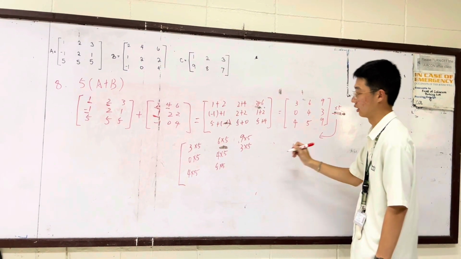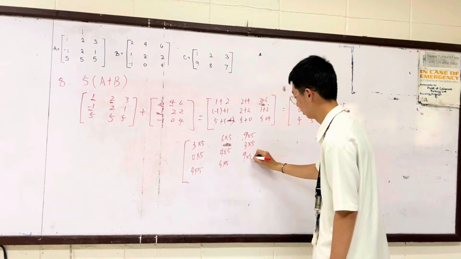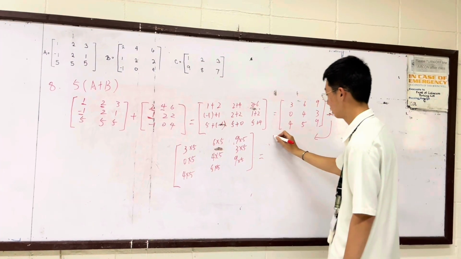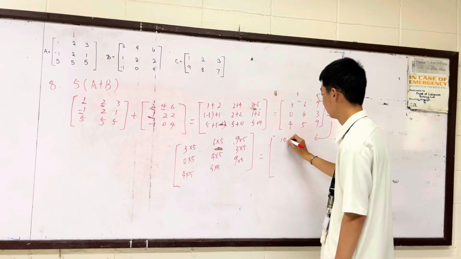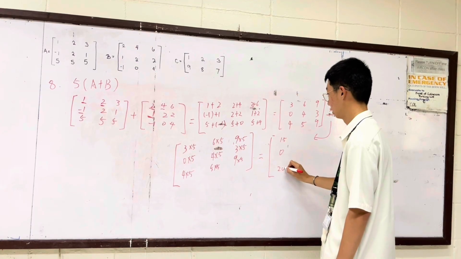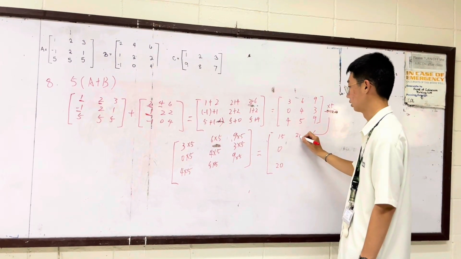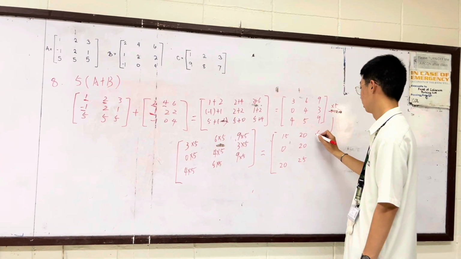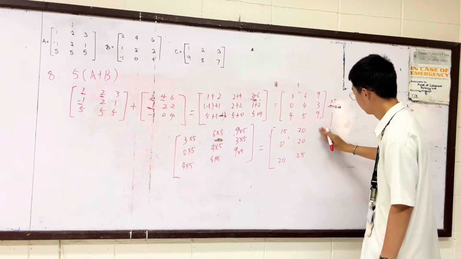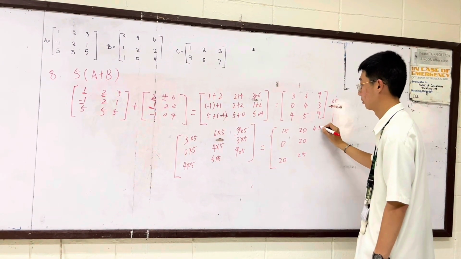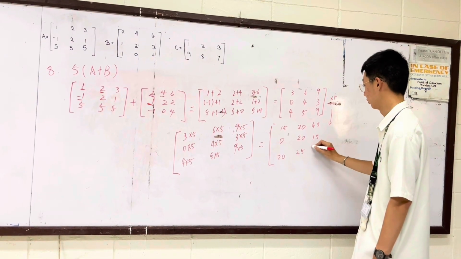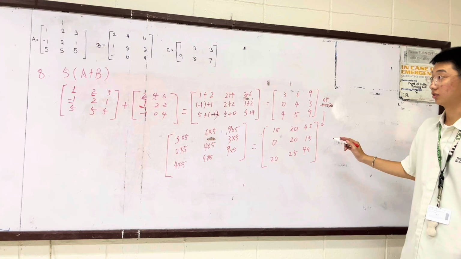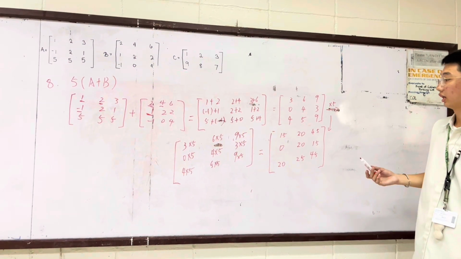Also lastly, 9 times 5. And after we solve this, we will get 15, 30, 45, 15, 45. So this will be our final answer for 5 times A plus B.